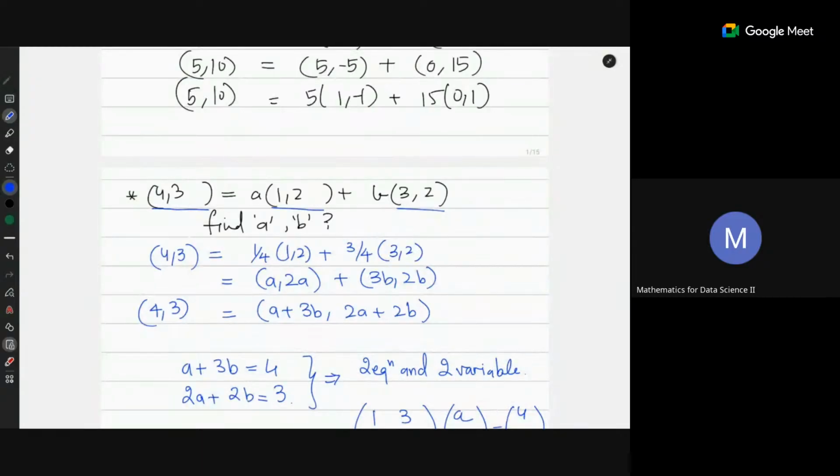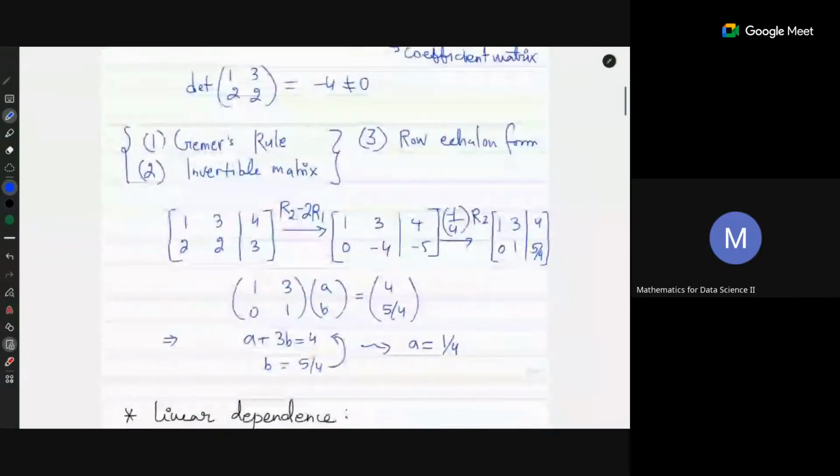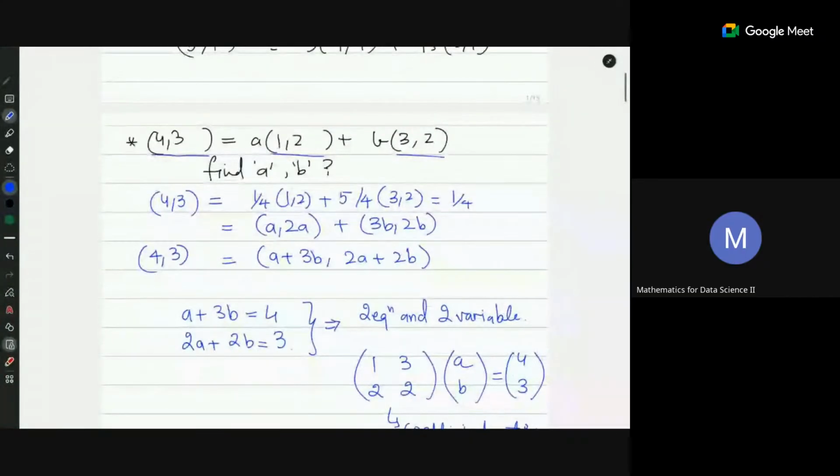Now, can you verify this as well? Sir, I have a doubt: which variable do we call the independent variable? The leading terms in your row echelon form are called the dependent variables. After performing row operations, you get leading terms.